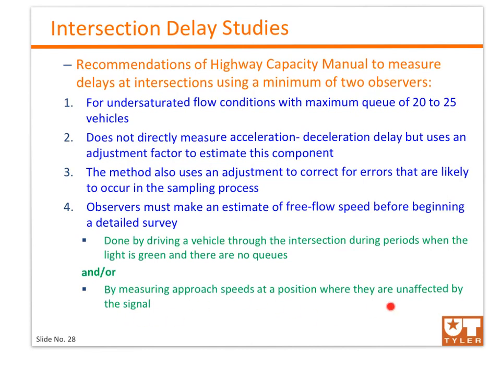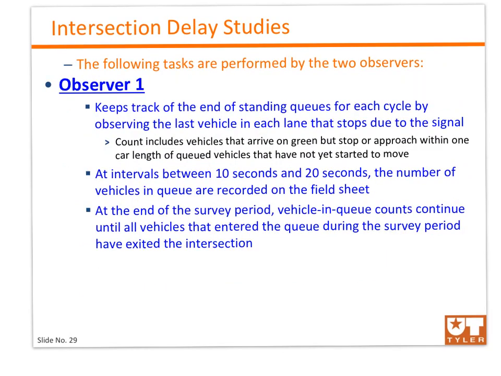So this is similar to when we talked about the spot speed study. Before we do the delay study, we have to know what our benchmark is, what the default free flow speed is at this location, in order to compare it to what we observe at the intersection and be able to measure the amount of delay at that location.